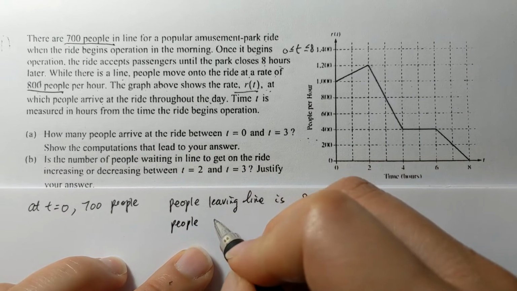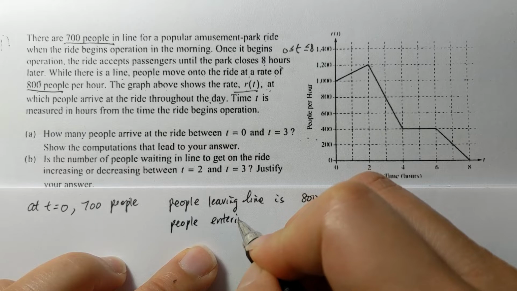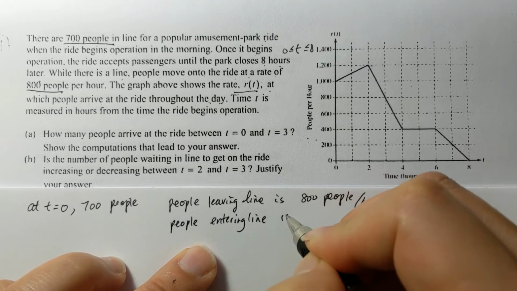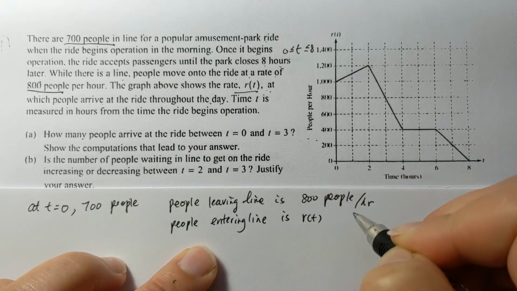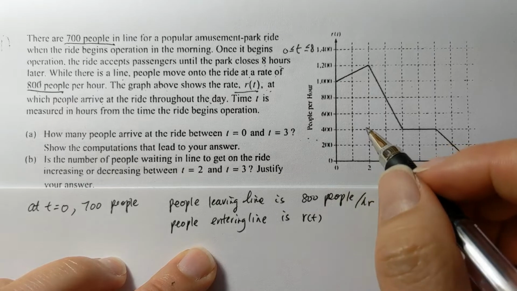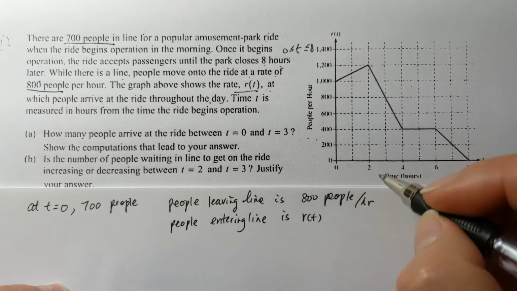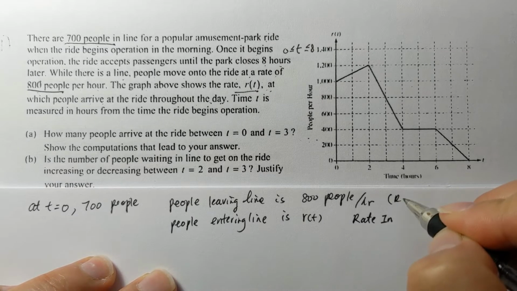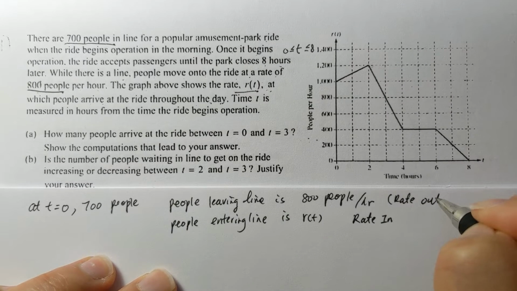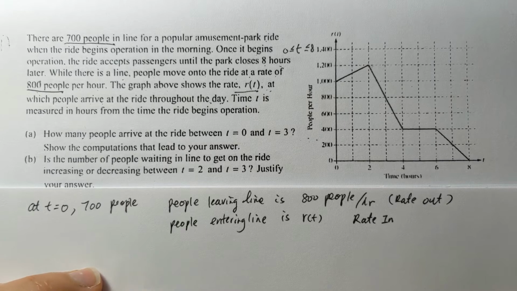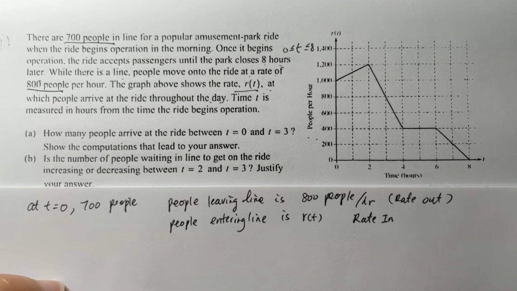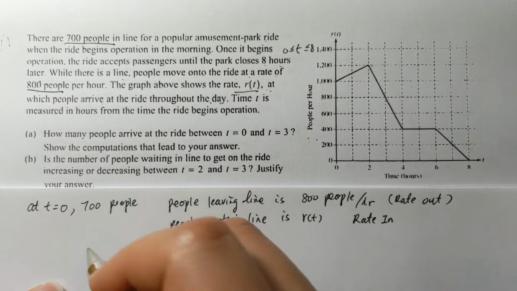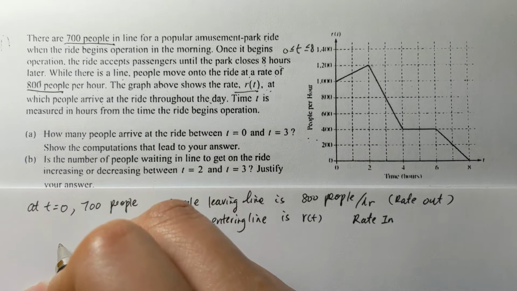And people entering the line is R(t). That's also measured in people per hour. So we got the rate in and the rate out, if you call it this way. So basically this is the whole idea, just like the water problem.